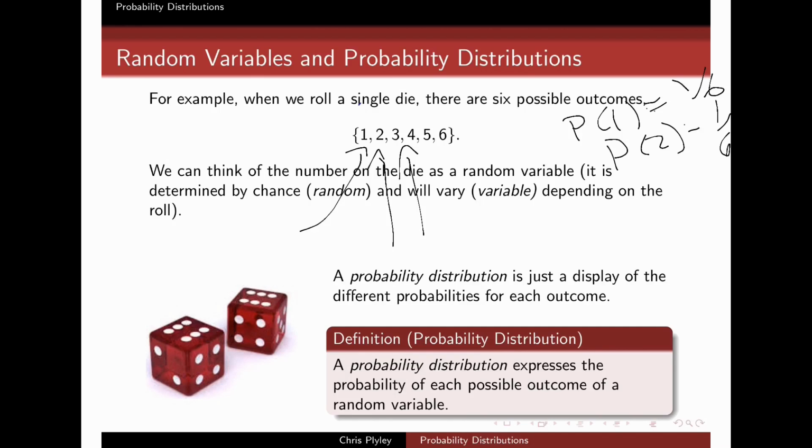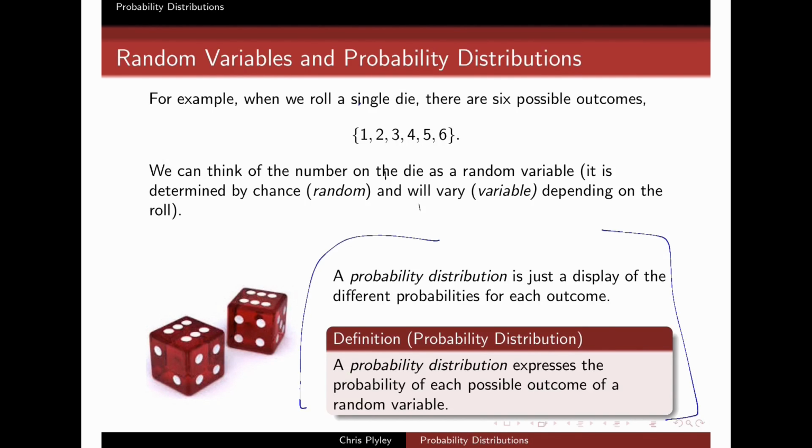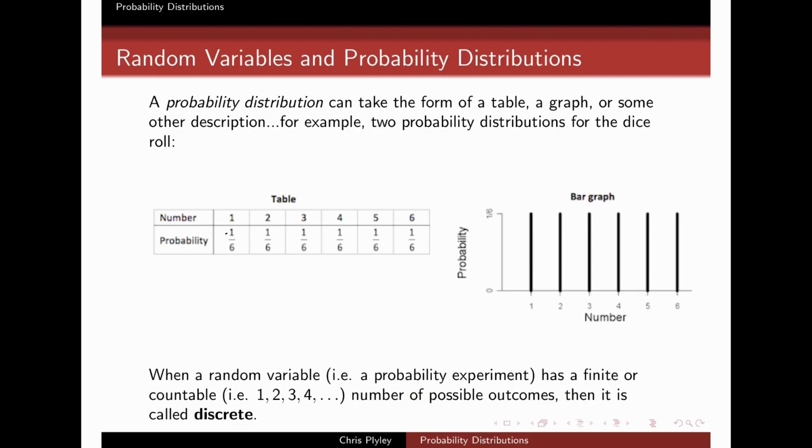Okay? When I have outcomes, and these outcomes have numbers or measurements somehow, and I associate those measurements to their probability, and I display it in a table or a graph, this is what a probability distribution is. So for example, I can take the outcomes of my die roll, 1, 2, 3, 4, 5, or 6, and I can associate them to their individual probabilities of occurring.